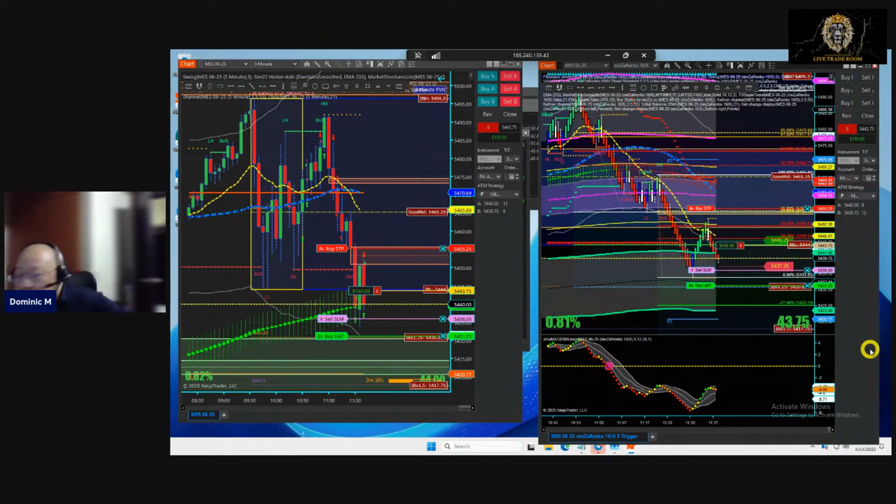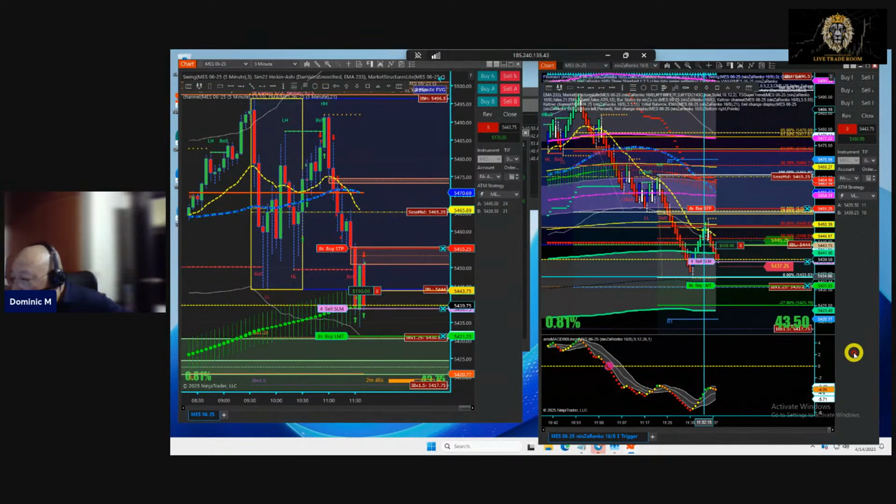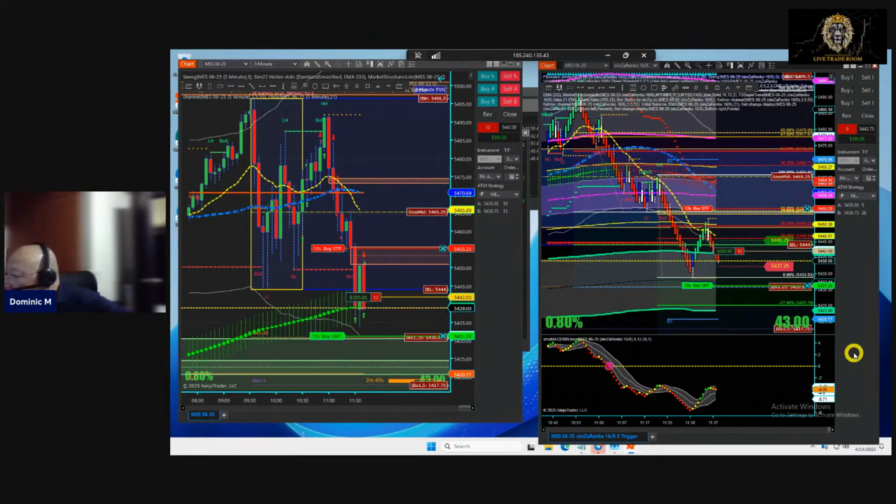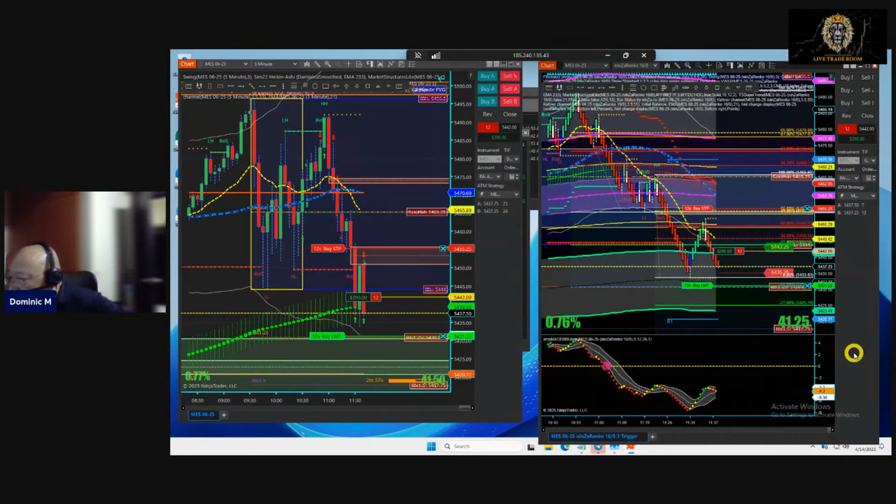These are micro ES. There you go, filled. Oh, I kind of went over the 10. This is my personal thing because I don't like trading more than 10 micros.